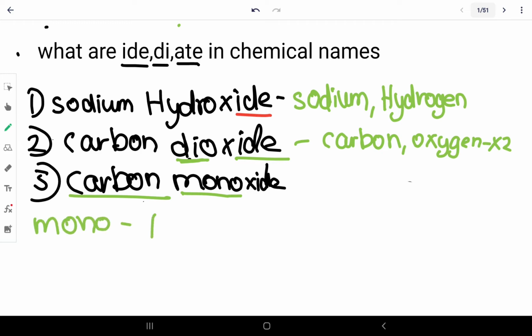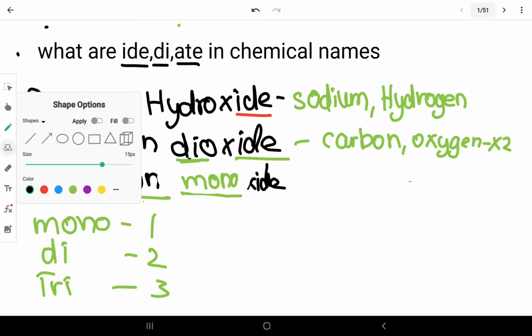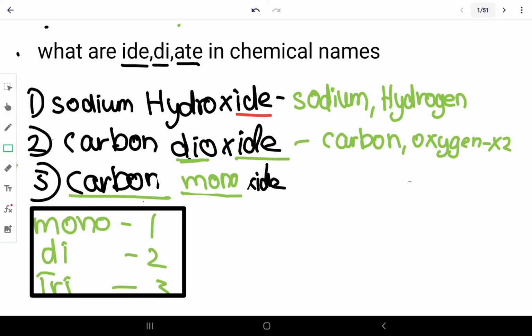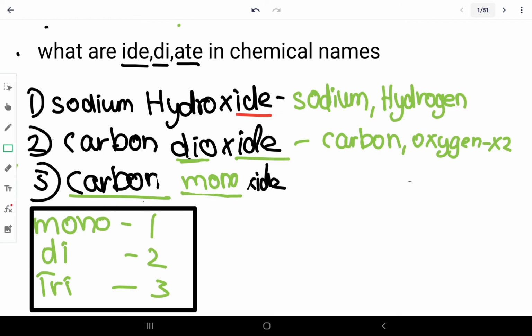Mono means one, di means 2, tri means 3. So you might be having carbon trioxide, or you might be having carbon monoxide, so it may differ. So now you can just take this down.